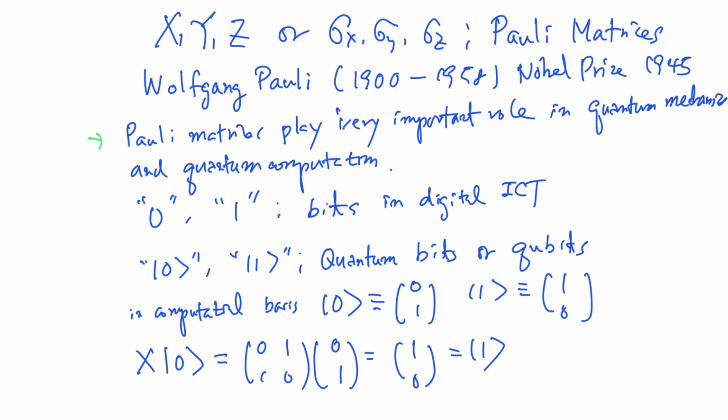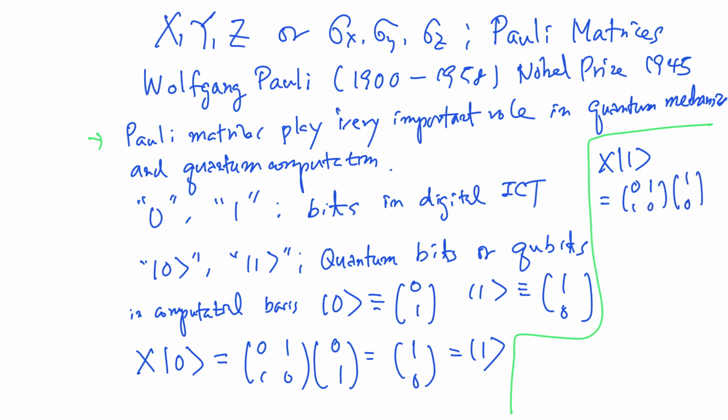One, right? And if I have more space, X times 1, what happens? (0, 1), which is 0.